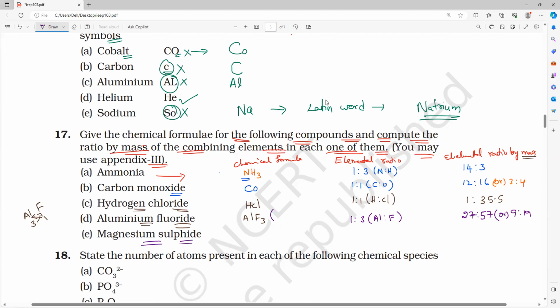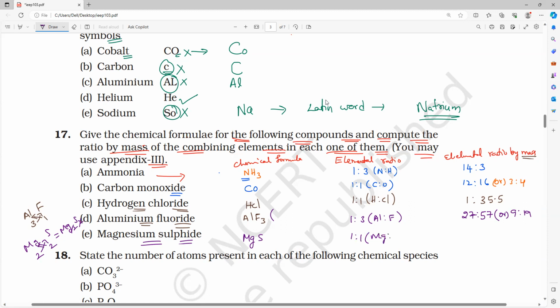Next, magnesium sulfide. Tell me the formula. Anybody? MgS, very good. So MgS, how? Magnesium is 2, sulfide is 2. If you do the crisscross, we'll get Mg2S2. So 2 will get cancelled. So MgS, 1 is to 1.